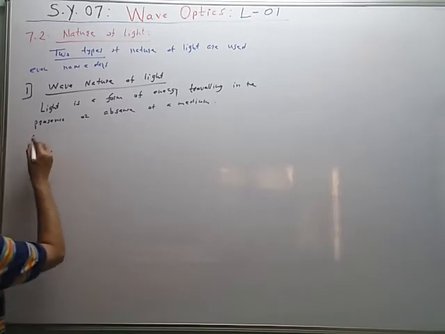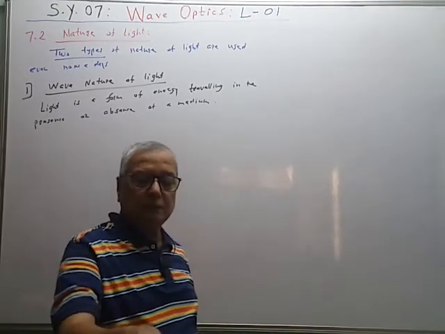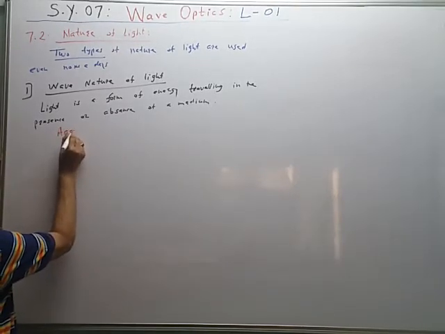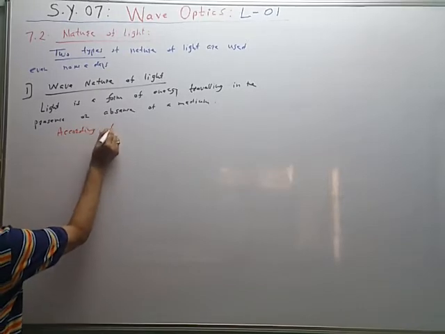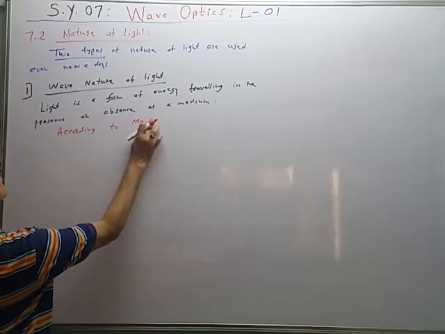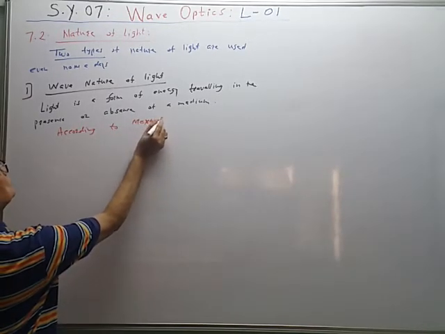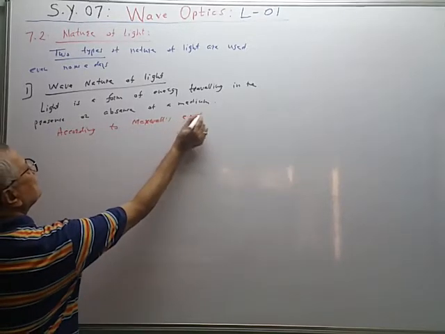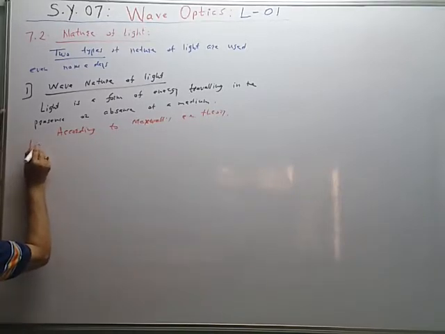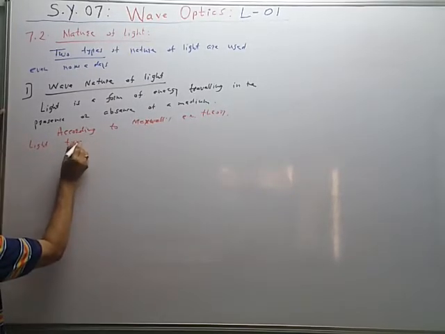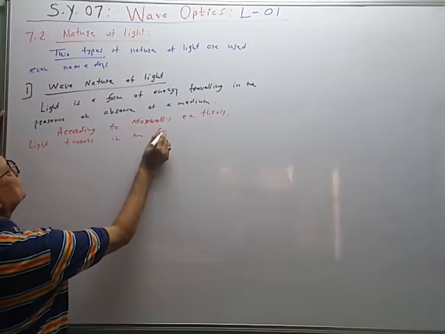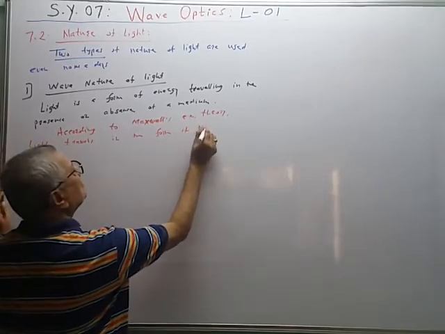So, according to Maxwell's electromagnetic theory, light travels in the form of electromagnetic waves.